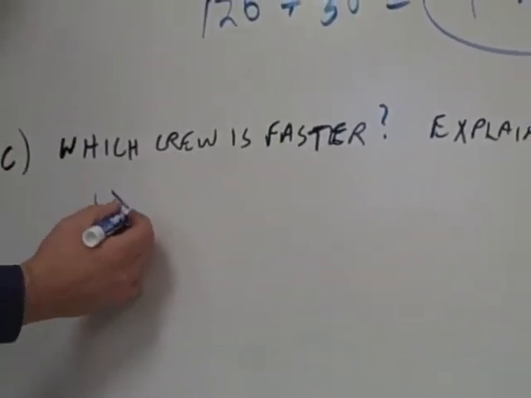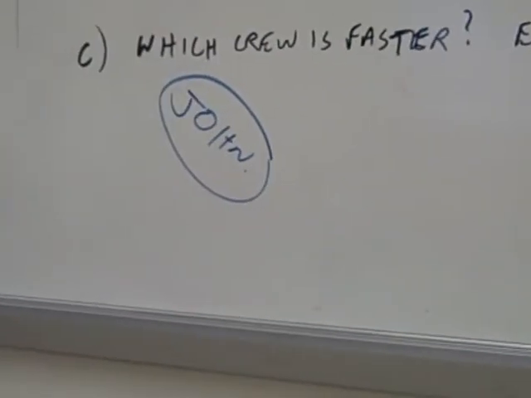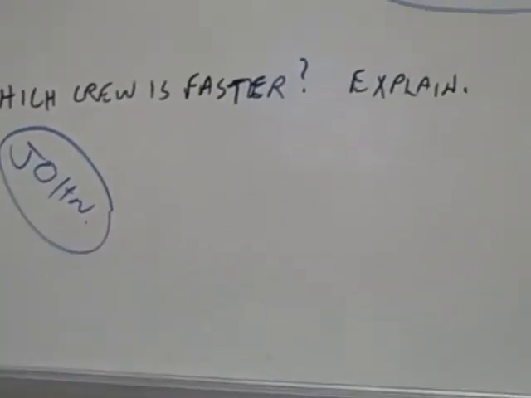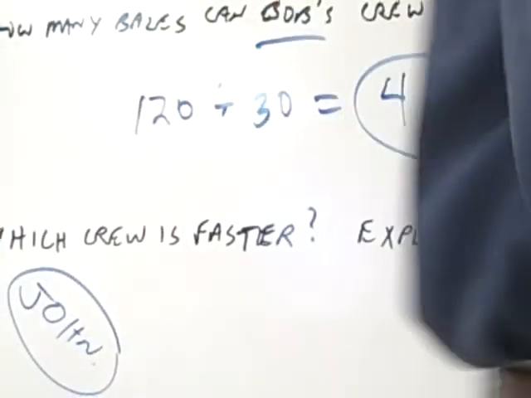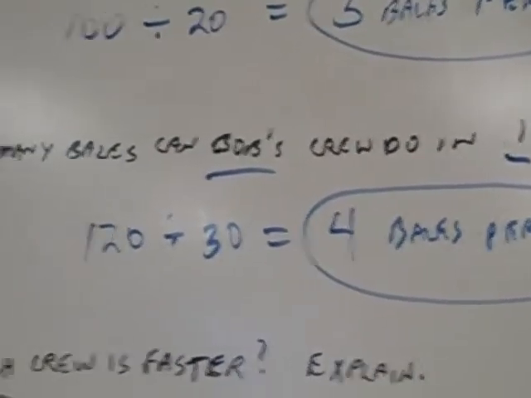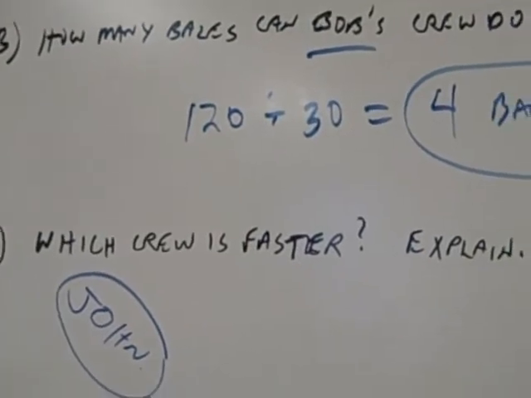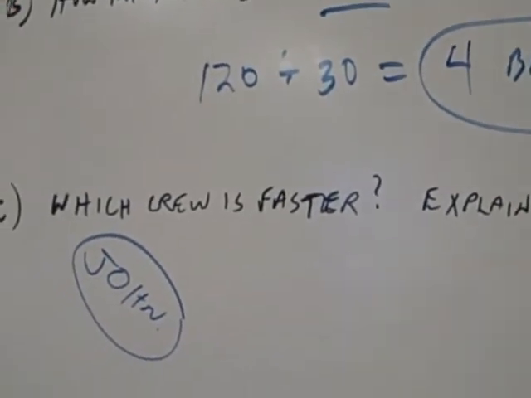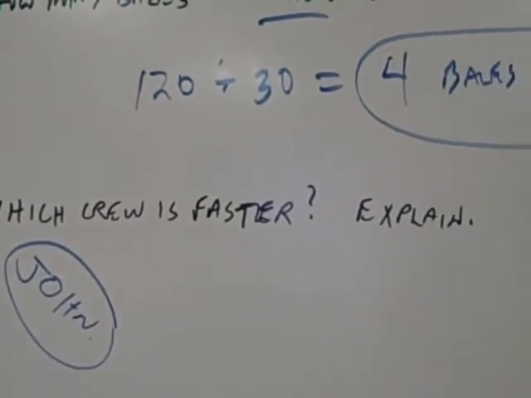I will agree with you about John. So that's the first part. But when I explain, I don't want to just list my result again. I've got to look at my result and change it. What do you think, Anna? John's has the biggest one. Okay. Can we say it a little different? John's crew unloads more per minute.